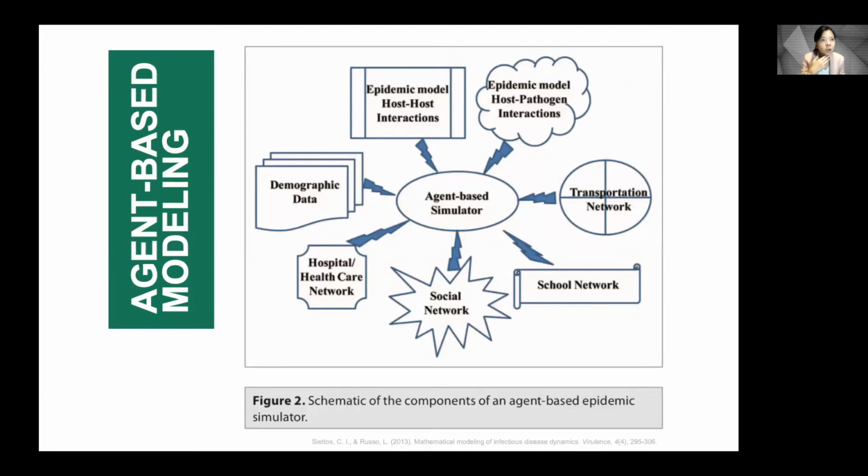So as you can see here, agent-based modeling can take into account details such as the transportation infrastructure of the simulated area, the mobility of the population, demographics, and the epidemiological aspects such as the evolution of the disease within a host and transmission between hosts.